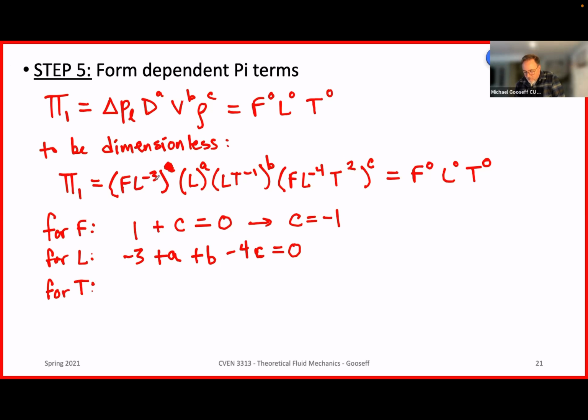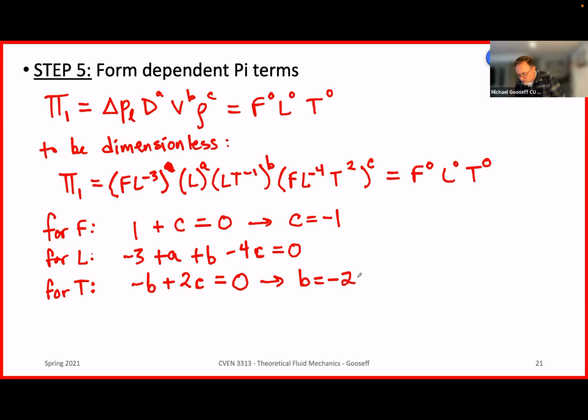And now there's no inclusion here from the dimensions in our delta P, P sub L. So there's also no dimensions in A. We have a minus B, and then we have 2 plus 2C is equal to 0. Okay, so now, because we know C is -1, we can determine that B is equal to -2, right?